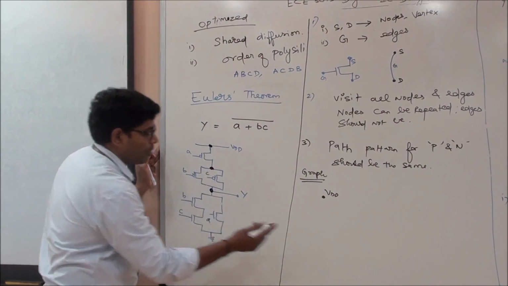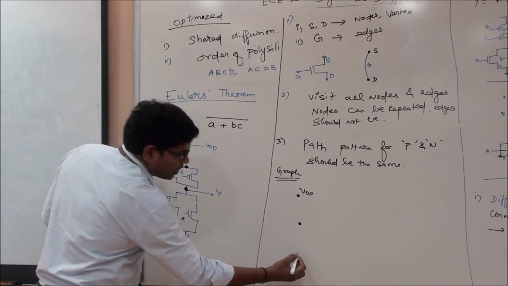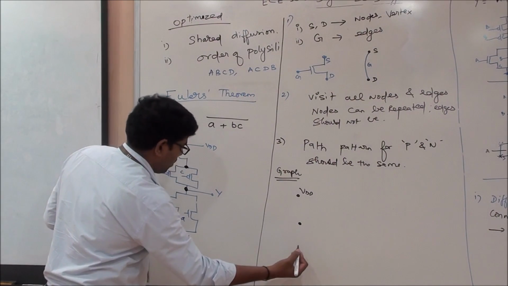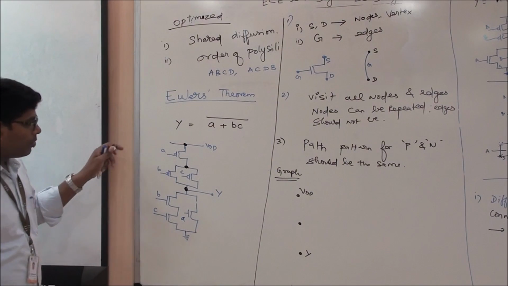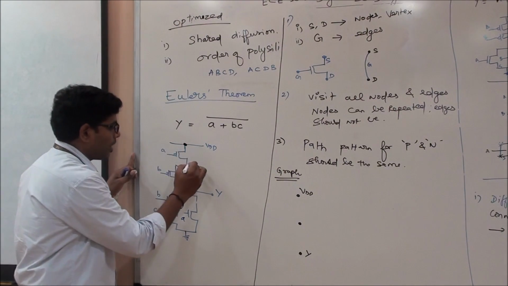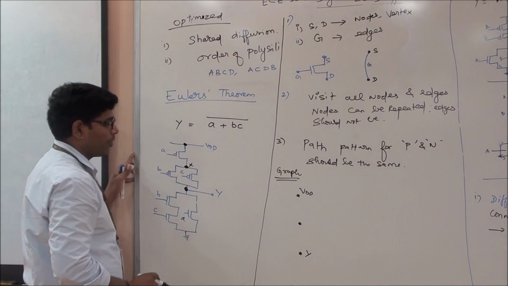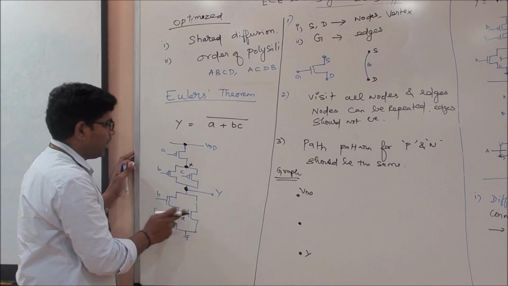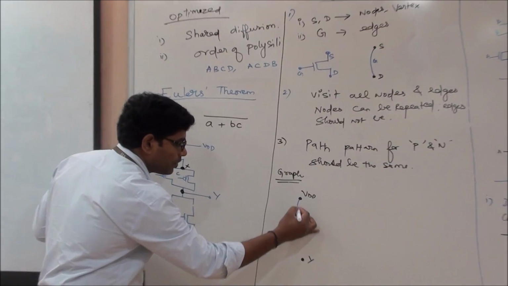Let me keep the junction point somewhere here. Another junction point is your Y. Now between this VDD and this point, let me temporarily keep some point as X. So between X and VDD you have a transistor A sitting there.